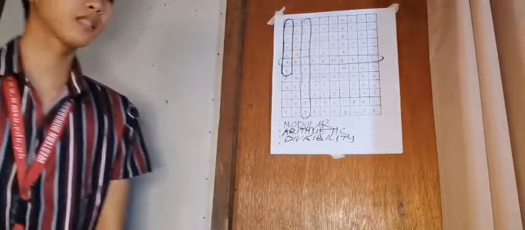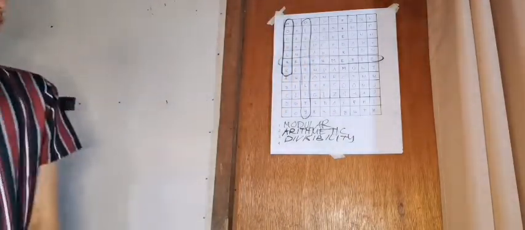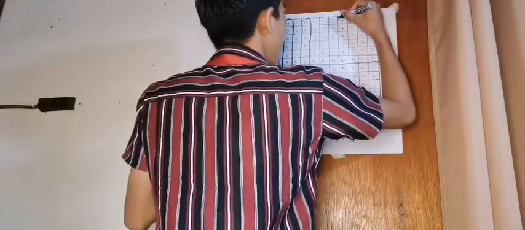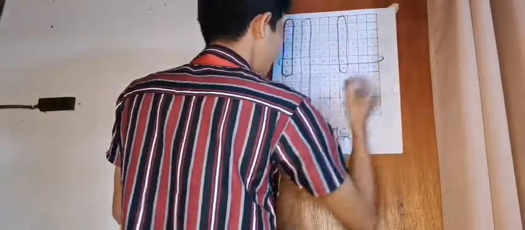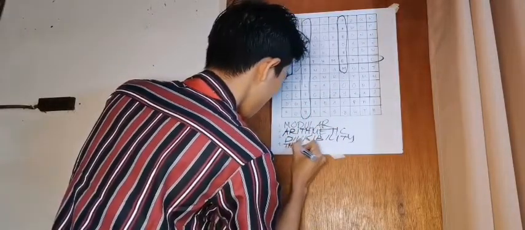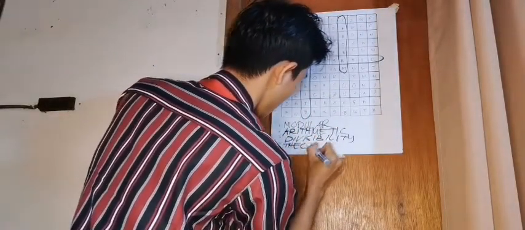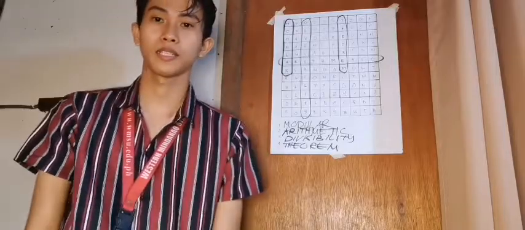Next is theorem. Correct. We have the word theorem. Okay, that is our 4 words in our 4-word puzzle, class.